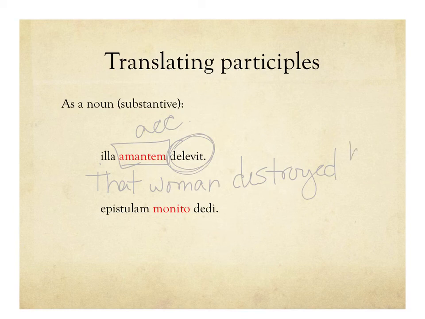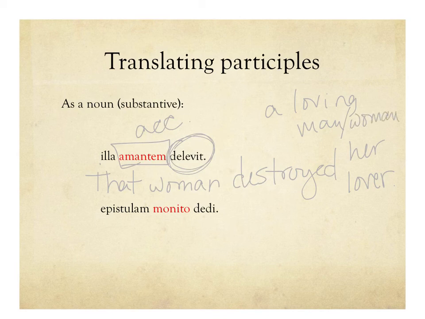She destroyed her lover. Right? Now you could of course say she destroyed a loving man or woman, and that would be okay. You could absolutely put that in there. But you can also change it slightly, right, so that it makes more sense maybe. That woman destroyed her lover.